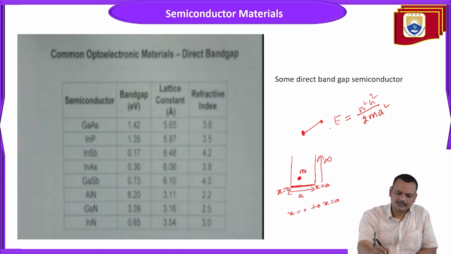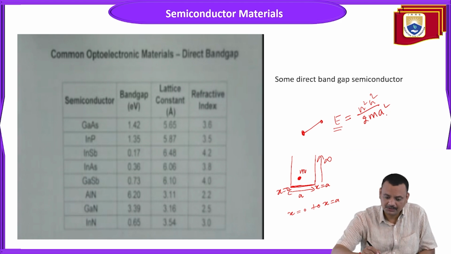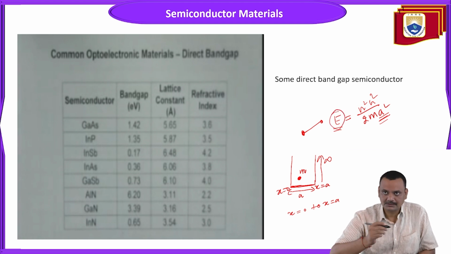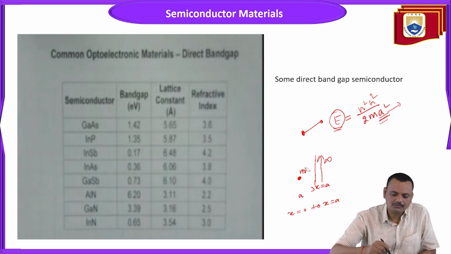So your energy value is inversely proportional to the square of this confinement region. This means if the A value is small, your E value will be large, and if the A value is large, your E value will be small.